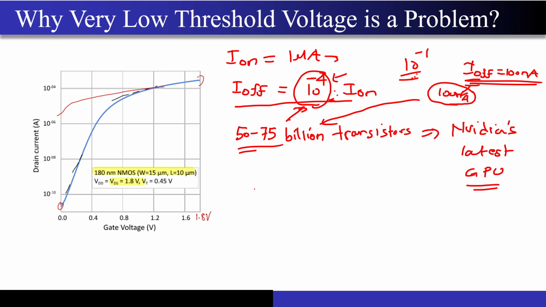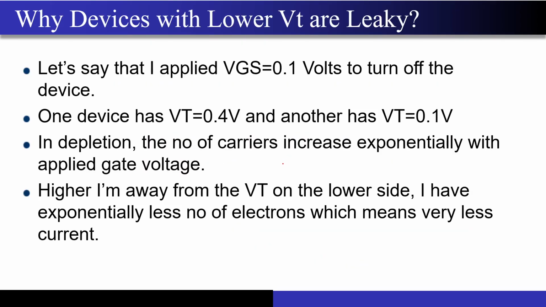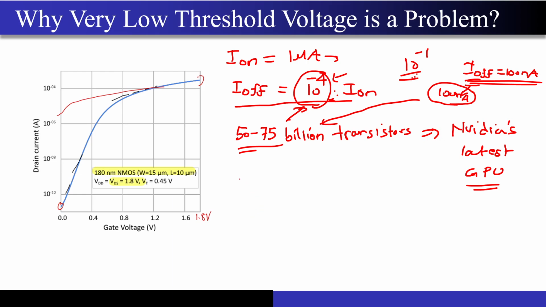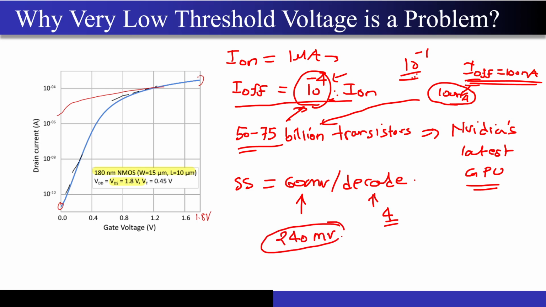We have seen the sub-threshold swing, right? Just a minute, let me check if I have a slide. Okay, I don't have a slide. So we have seen the sub-threshold swing of around 60 millivolts per decade. Now, if I want a 10 to the power 4 reduction, that means 4 decades of reduction in the current, I have to change my gate voltage by 240 millivolts, correct?